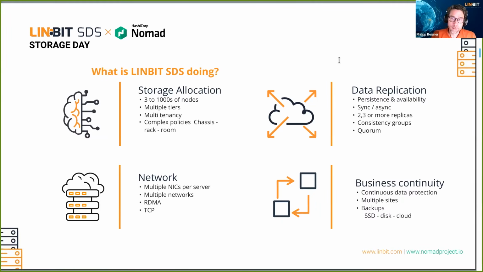So in essence, it manages many small subclusters which do the data replication. It can select the right paths over your network in case there are multiple NICs, and all this can be part of your business contingency plan.